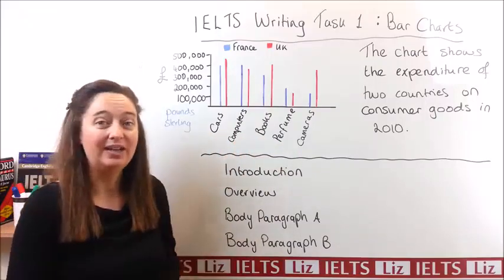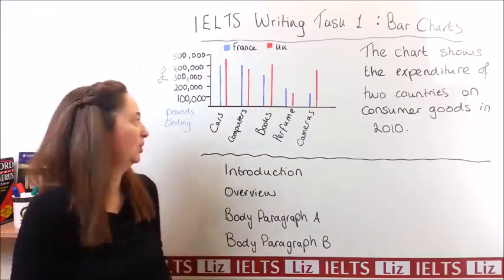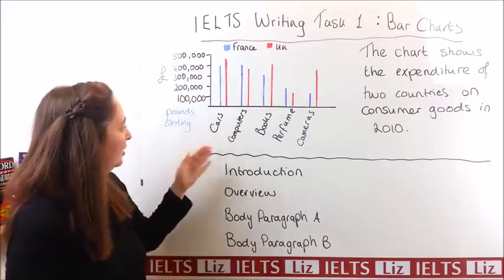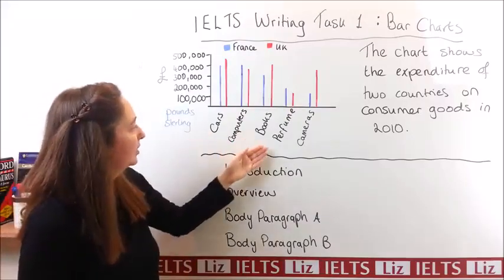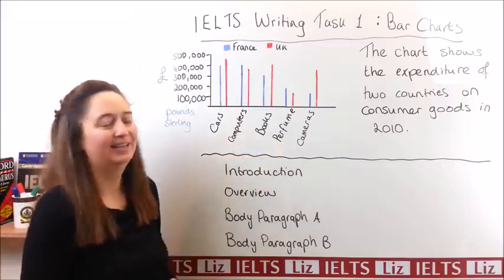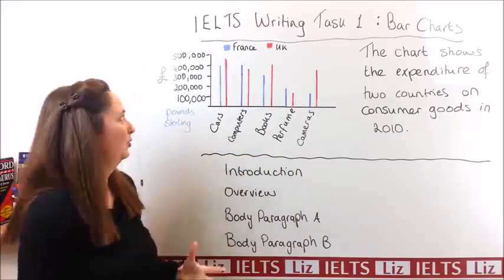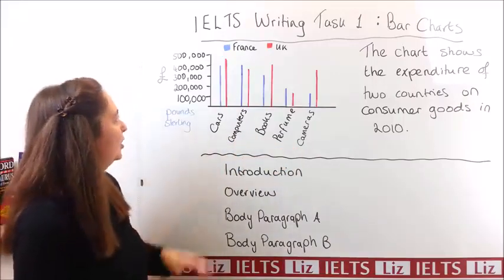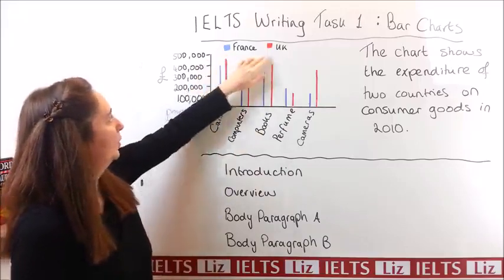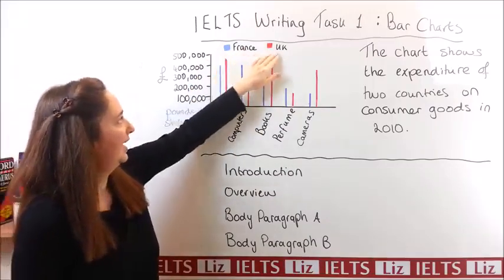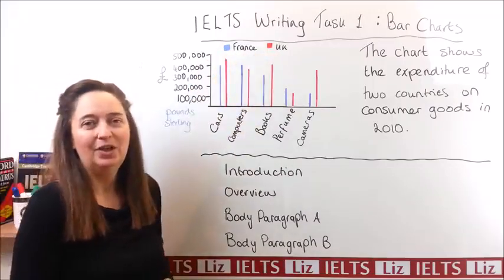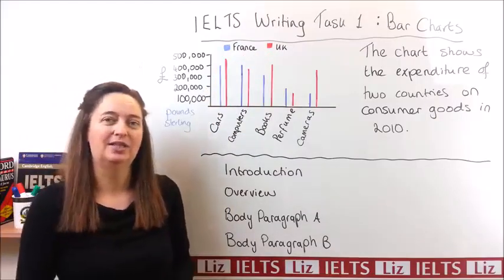So we've got 5 different types of consumer goods. We have cars, computers, books, perfume and cameras. And if we look further, we can see that the 2 countries, one in blue and one in red, are France and the UK. So that is our bar chart for this lesson.